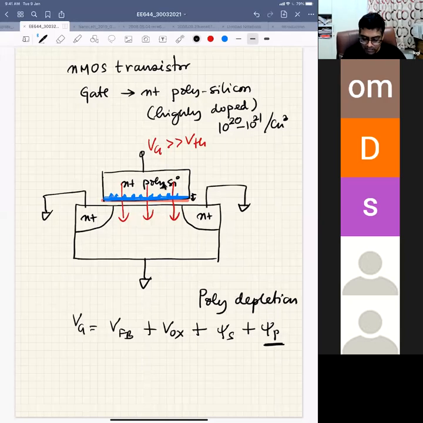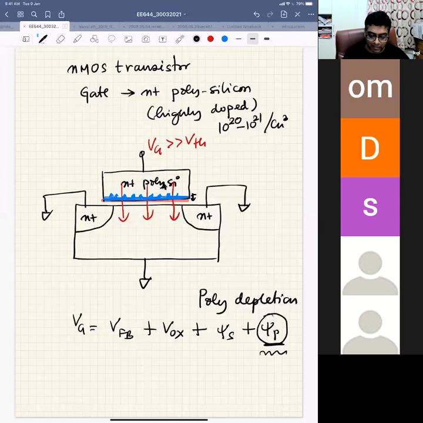That will not happen near threshold voltage, so the polysilicon depletion will not have a very large effect on the threshold voltage, because the depletion will only happen when VG is more than VTH. When it is depleted, then there will be a drop. But that will have an effect on the capacitance.